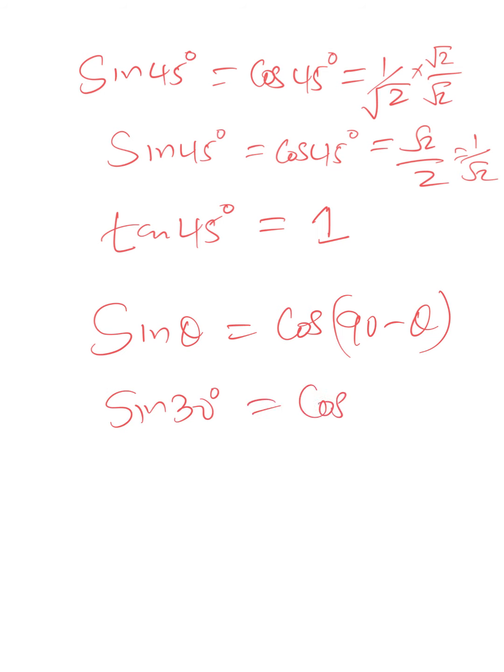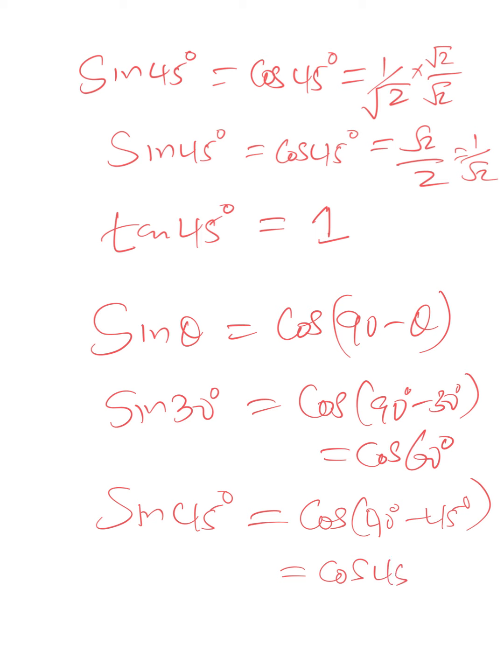We have seen already that those two are the same. And here I was saying that the sine of 45 degrees is the same thing as the cosine of 45 degrees, because the cosine of 90 degrees minus 45 degrees is the cosine of 45 degrees. So sine 45 degrees and the cosine of 45 degrees are the same.